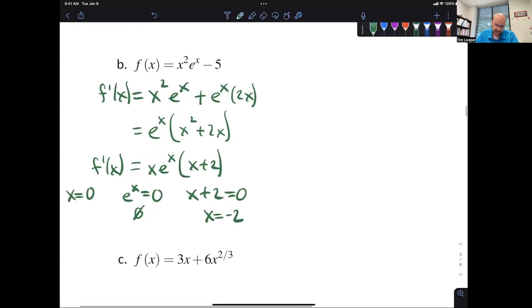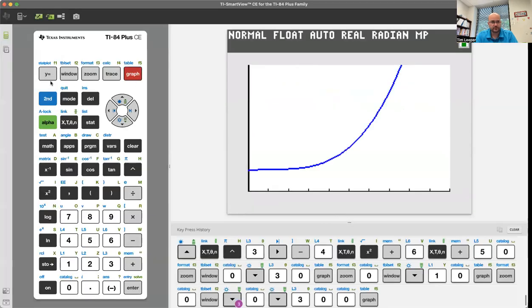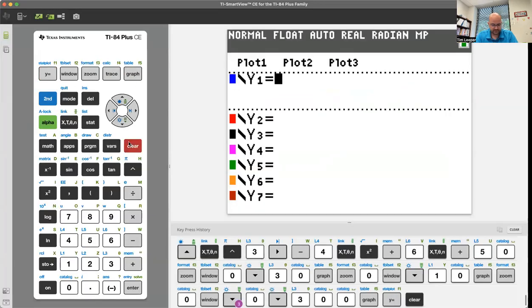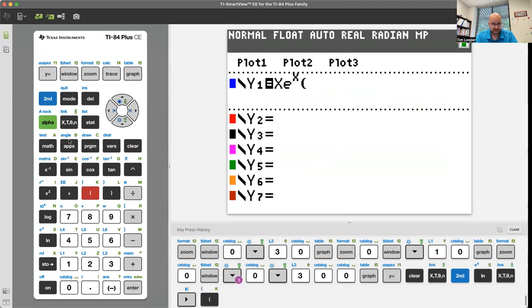So looking at our number line here, we have negative 2 and 0 as our critical numbers, but we need test points now. So let's say maybe negative 3, negative 1, and 1. And be sure to plug those into the derivative. Now, we can do these in our head, honestly, but just so you can see, on the calculator, on y1, I'm just going to type in the derivative here, which was x e to the x, parentheses, x plus 2.